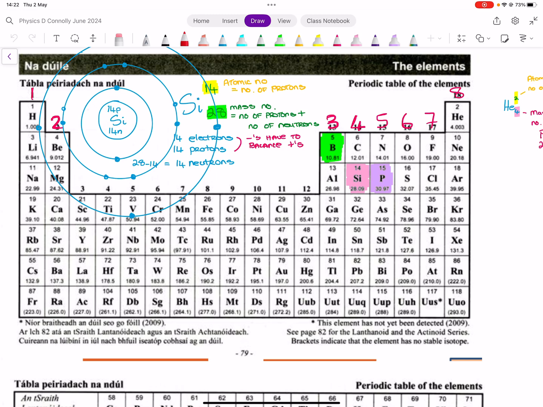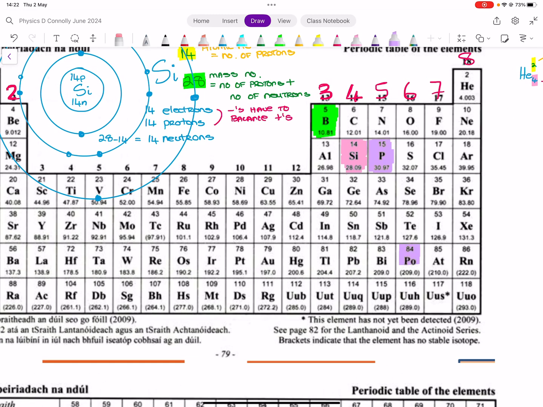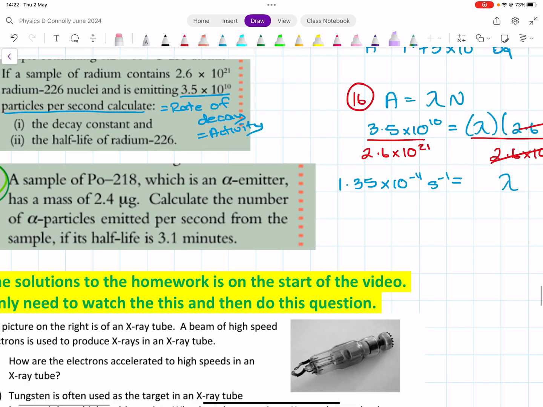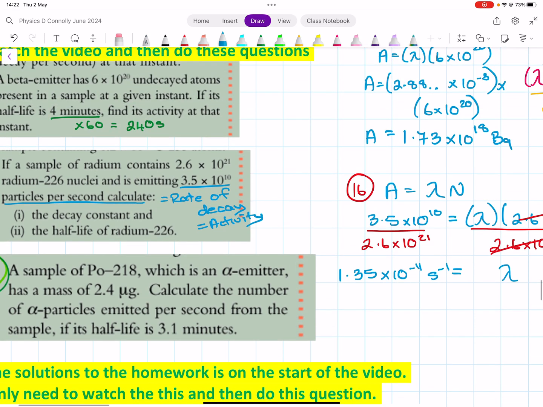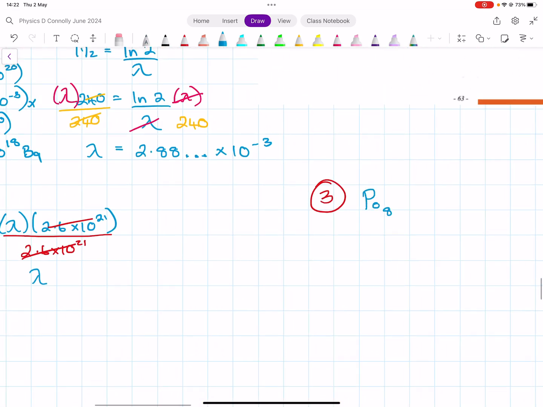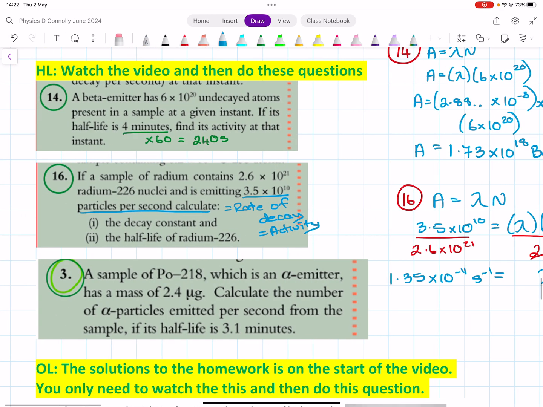There it is there. So polonium is 84, and in its natural state it's 84,209. We're talking here about an isotope, which is 84,218.